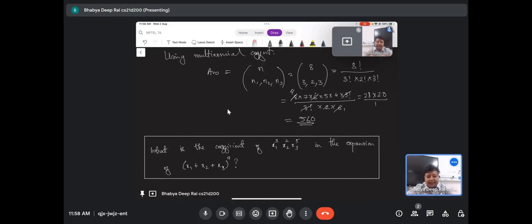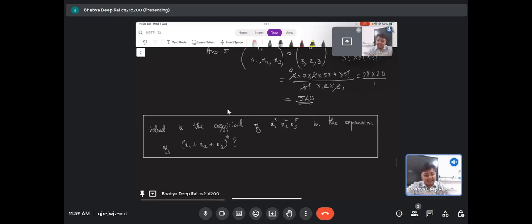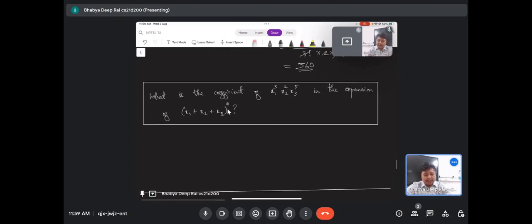So yeah, let's look at another question. The question says, what is the coefficient of x1 cubed, x2 squared, x3 to the 5 in the expansion of x1 plus x2 plus x3 to the 10? So what is the coefficient of this? We'll look at the multinomial expansion.